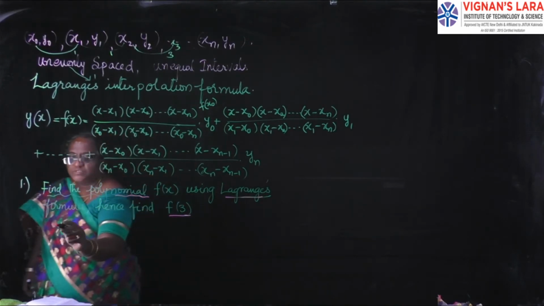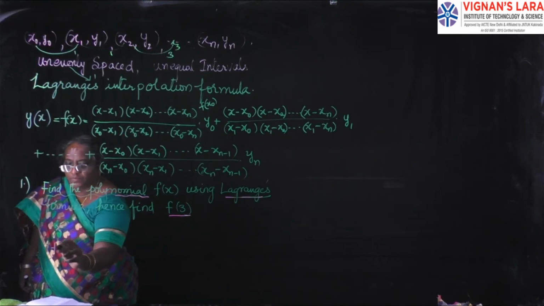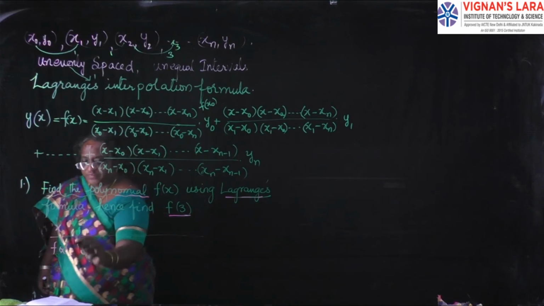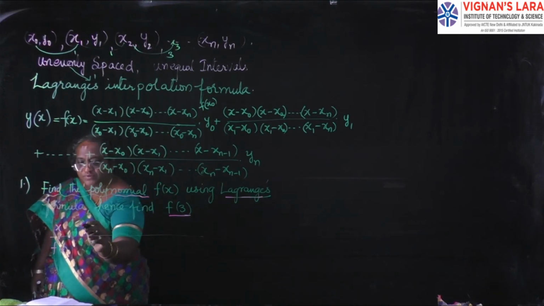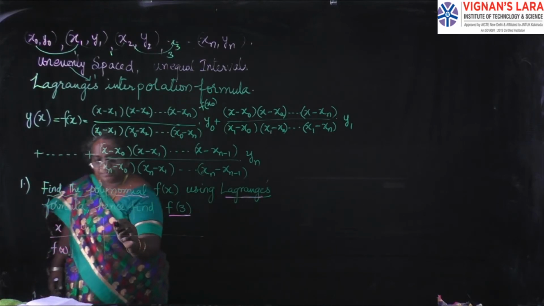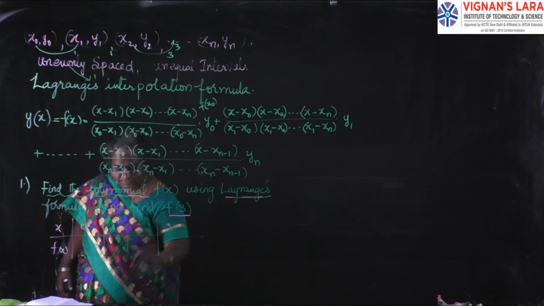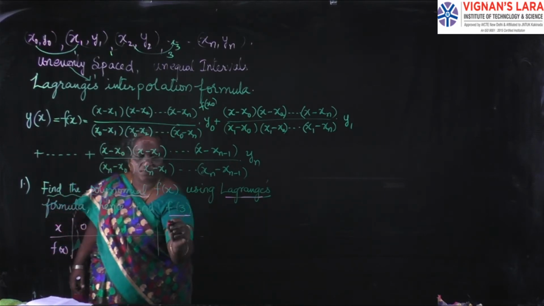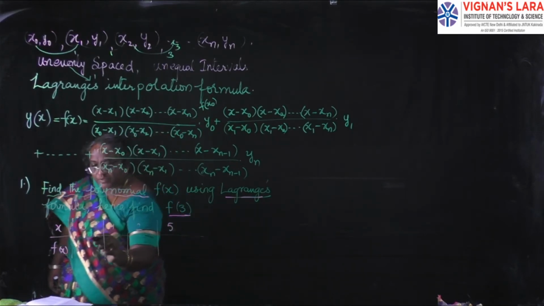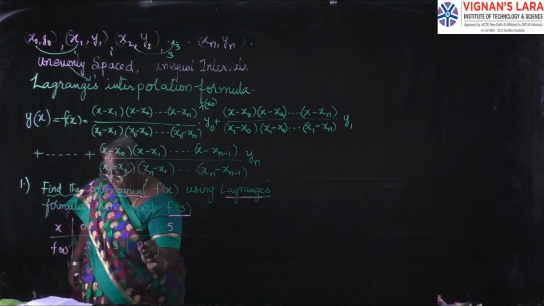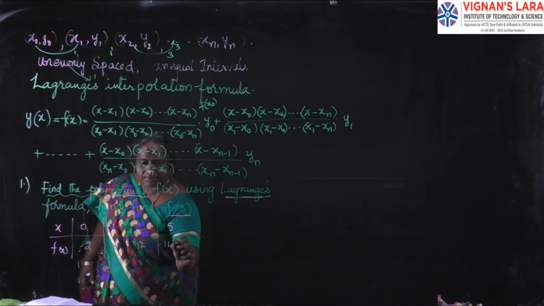So the data goes like this. One more thing you have to remember here is no need of a difference table. Even if you give a difference table, no marks will be given. Remember, no need of a difference table. The corresponding values are 2, 3, 12, 147.